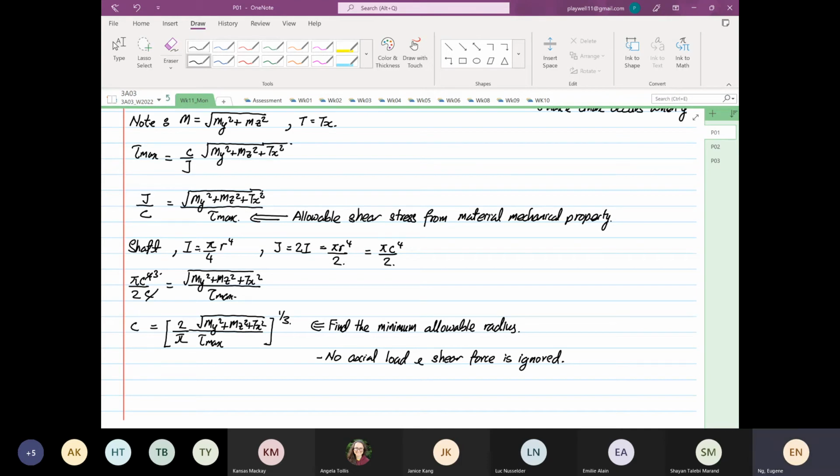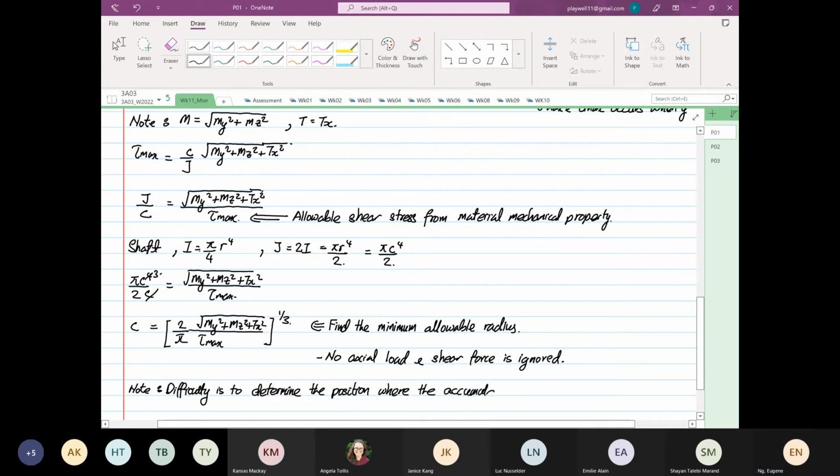Okay, so I'll write this down. Note: the difficulty is to determine the position where the accumulative square root of My squared plus Mz squared plus T squared is maximum.